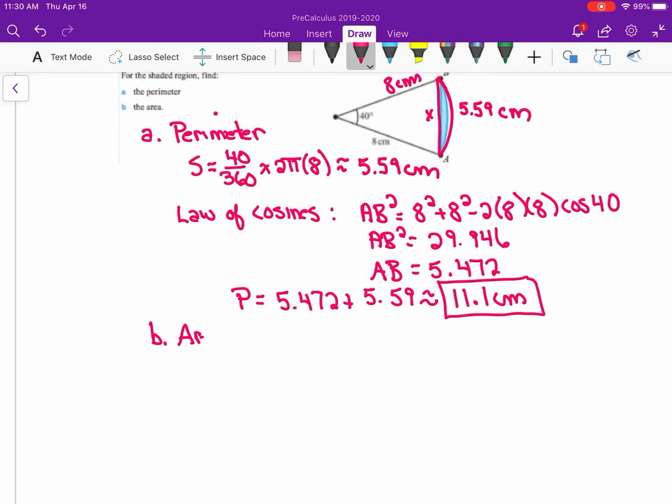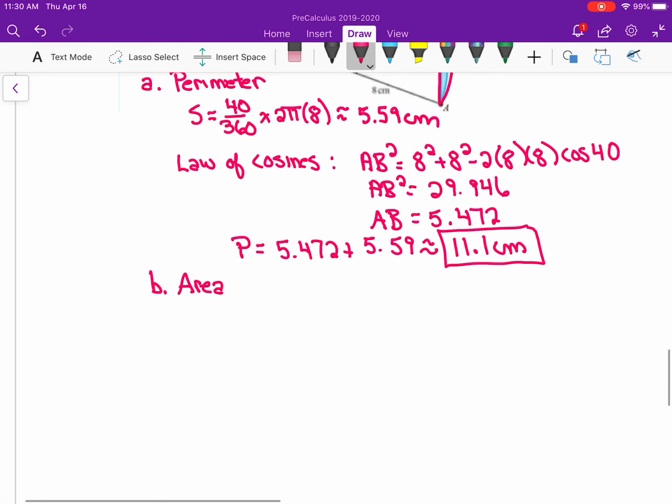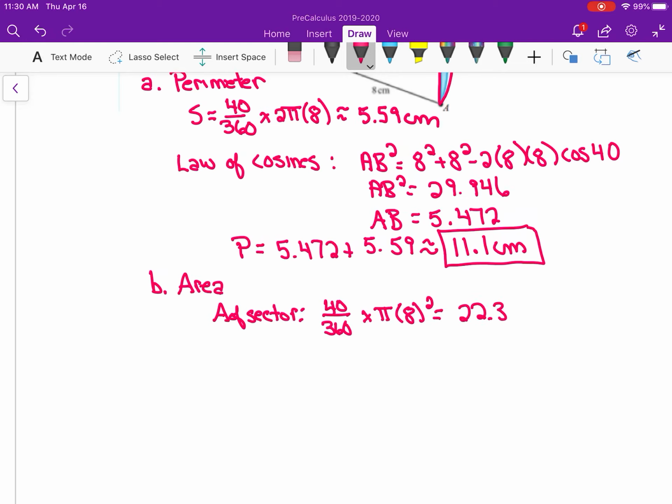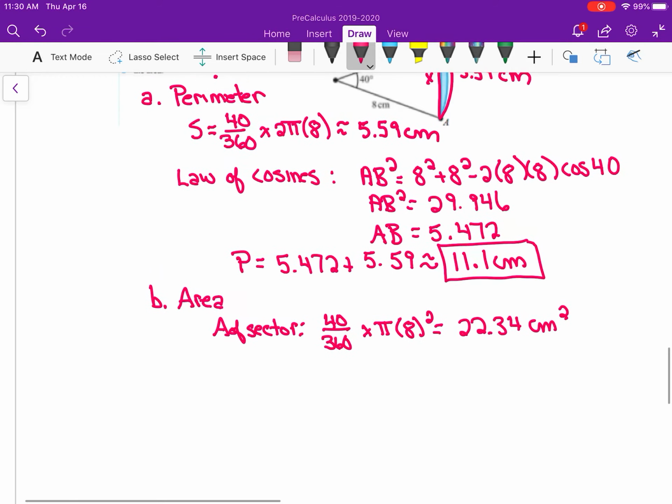Now we want to find the area of that little piece. So the first thing we're going to do is find the area of the sector of the whole thing, and we will get 40 over 360 times pi times 8 squared, and that gives me 22.34 centimeters squared. So that's the area of the sector. And then we need the area of the triangle.